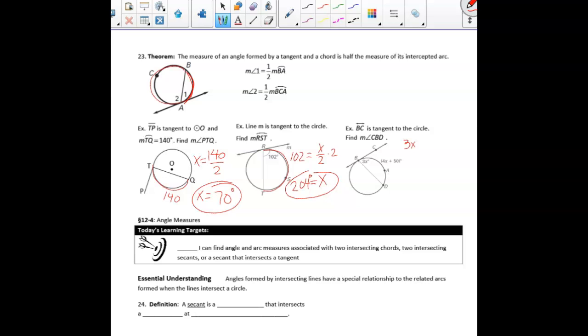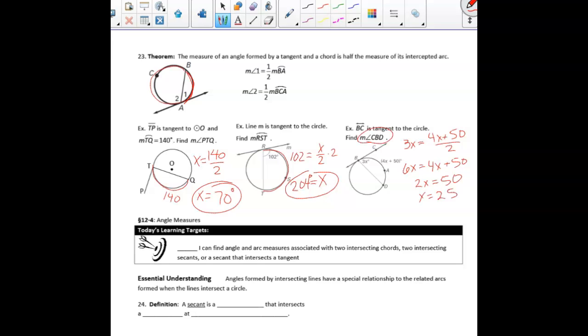And then finally, 3x is going to equal 1/2 of 4x plus 50. We do a little bit of simplifying, or multiply by 2: 6x equals 4x plus 50, 2x equals 50, and therefore x equals 25.